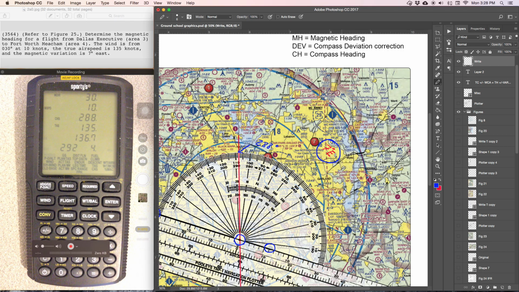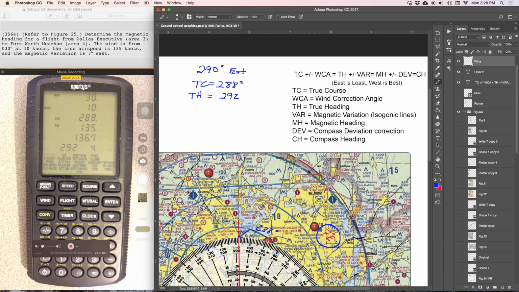You'll just have to find that number along the dotted magenta line, and that is what you would use for the correction. In this case, we're given 7 degrees east, so minus 7 degrees gives 285. After adjusting for variance, that gives us our magnetic heading.